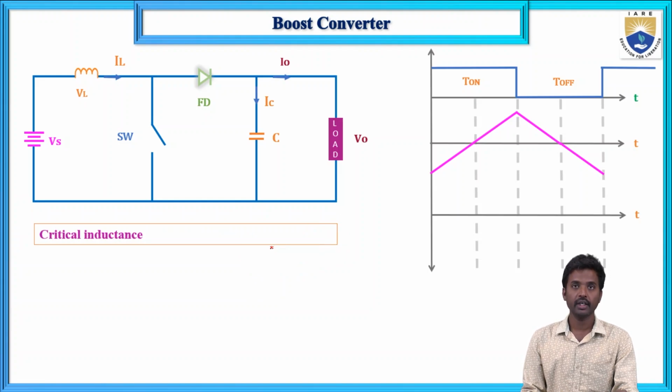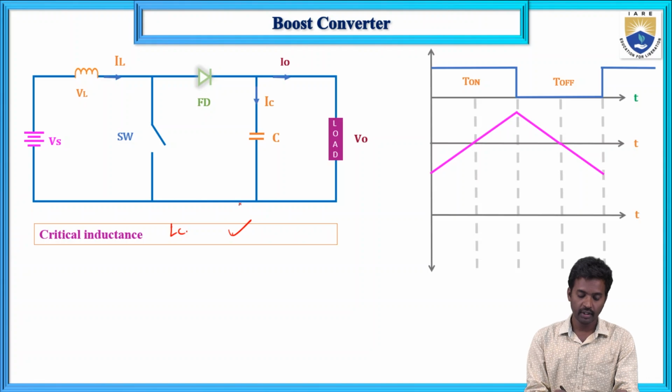And next, critical inductance, LC. The minimum value of inductance for which the inductor current becomes just continuous.